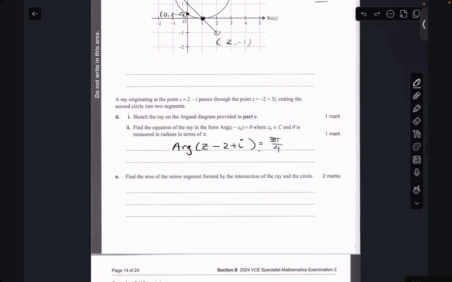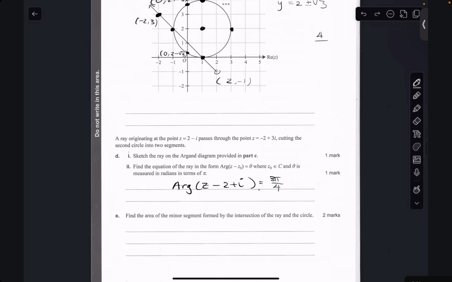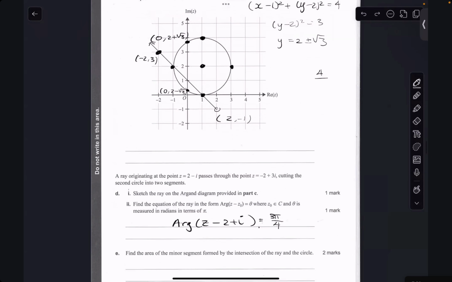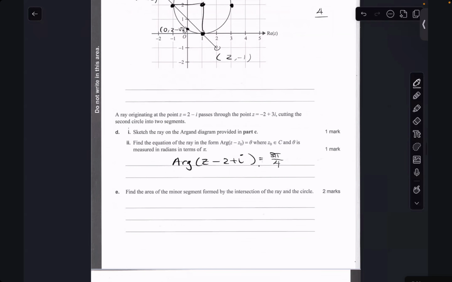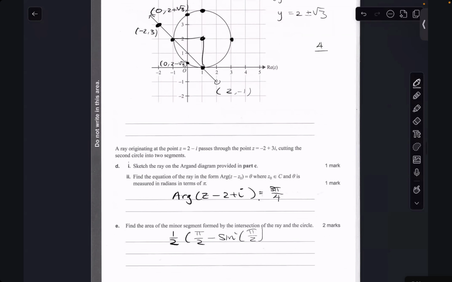Find the area of the minor segment formed by the intersection of the ray and the circle. So this is 90 degrees. So it's going to be a half, pi over 2 minus sine pi over 2, a half r squared, and r squared is 4.